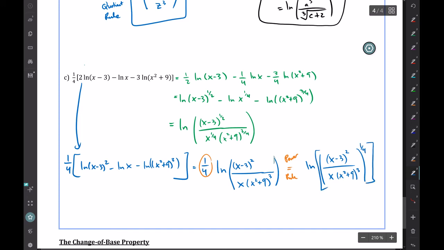And you might say, oh, that's different than what we got over here in green. But if you look at those, they're actually the same thing, because (x-3) squared raised to the 1/4 is the same as (x-3) to the 1/2, right? And on the bottom here you have x to the 1/4. Basically all we did here was pull this 1/4 out. So it is exactly the same thing.